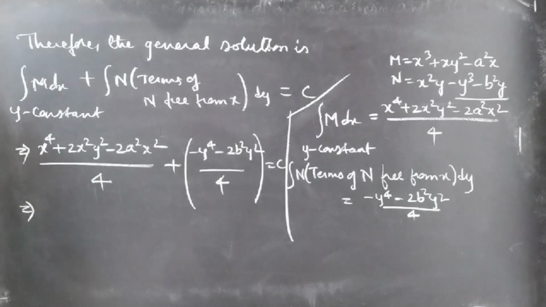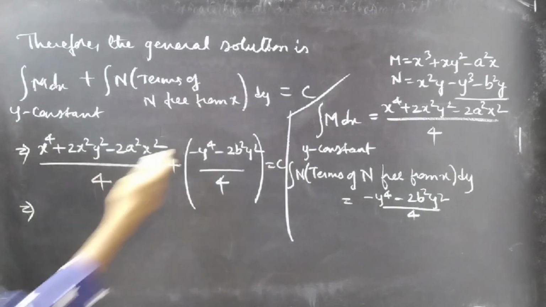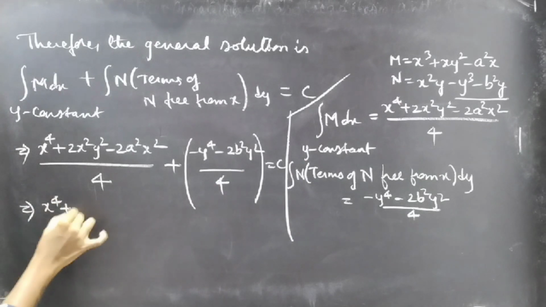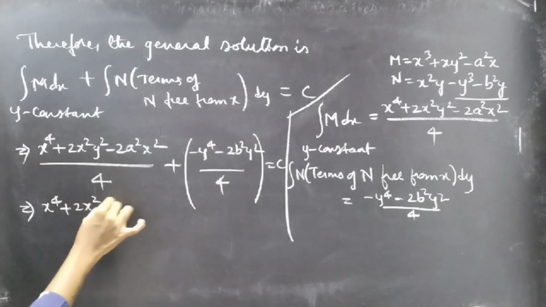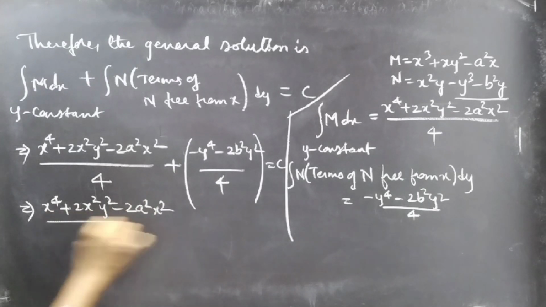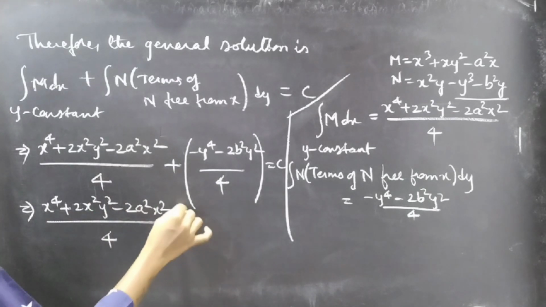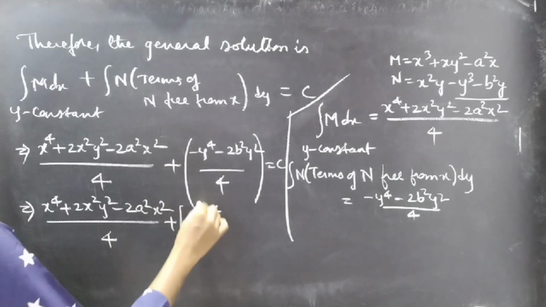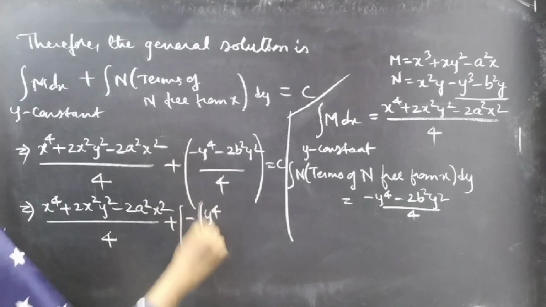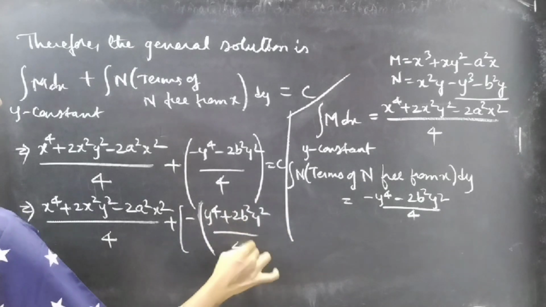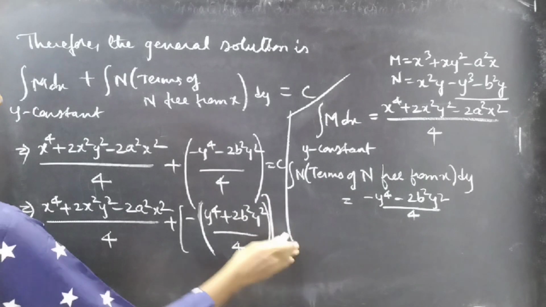You can write this by taking minus common from these two terms, and you'll get x power 4 plus 2x square y square minus 2a square x square by 4 plus minus of y power 4 plus 2b square y square by 4 equal to c.